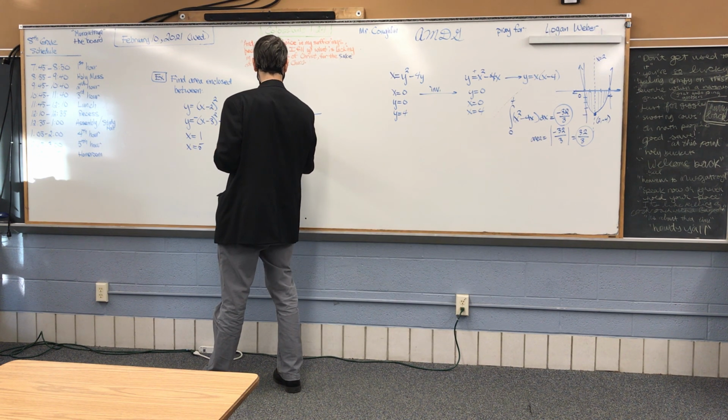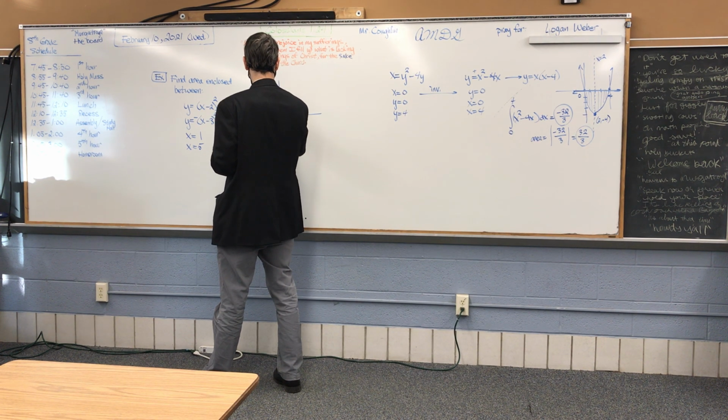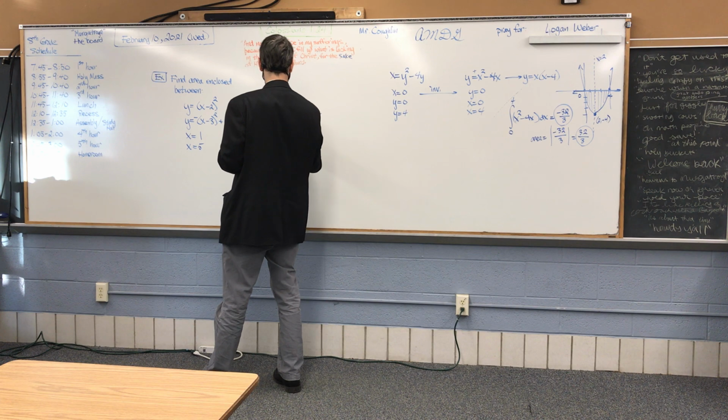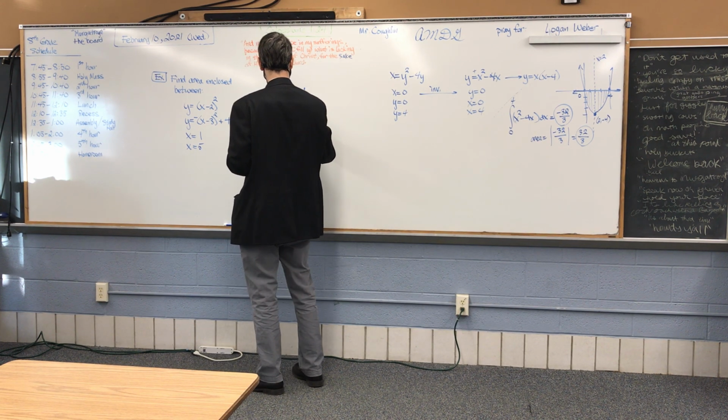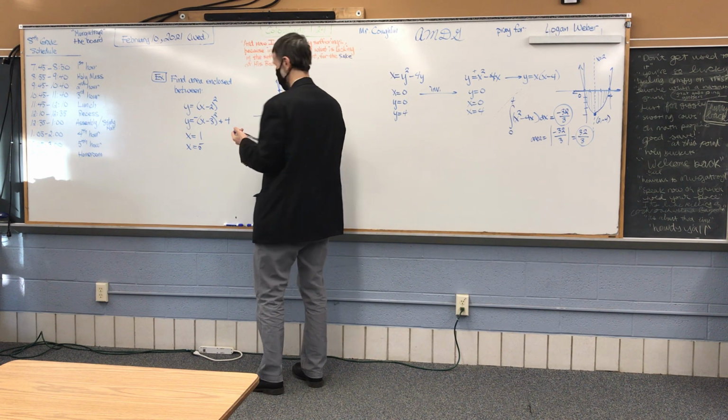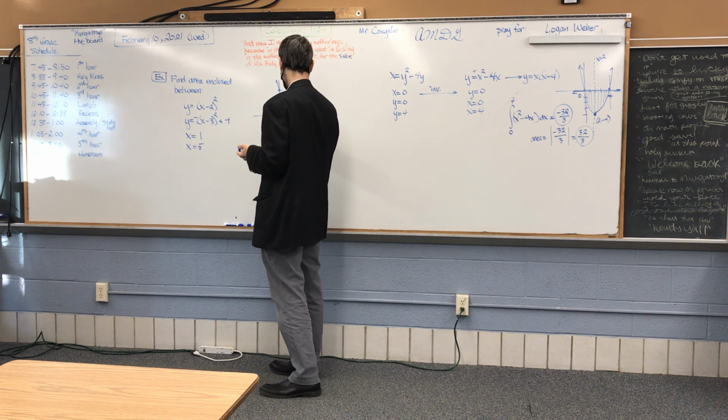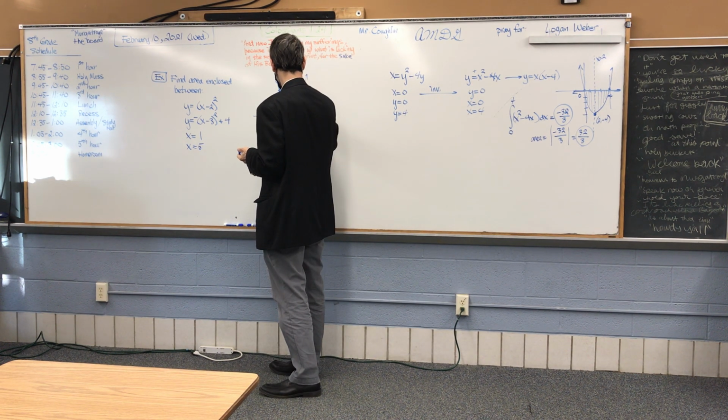Over 2 spaces, over 1 up 1, over 2 up 4. Over 1 up 1, over 2 up 4. And then over here, we've got a 3, 4 thingy. Over 1, down 1. Over 2, down 4.